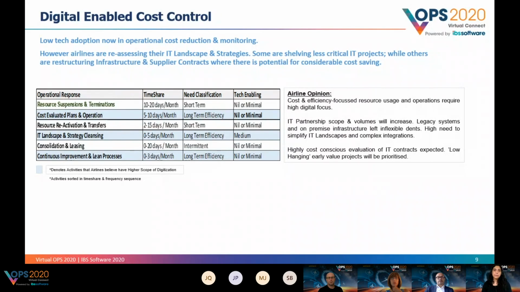So there would be movement to higher state-of-the-art technology, and also to more outsourcing. And that's short term, but in the longer term, they're going to look at how they are going to monitor their costs better and how they're going to make more cost-based decisions in planning and tracking.